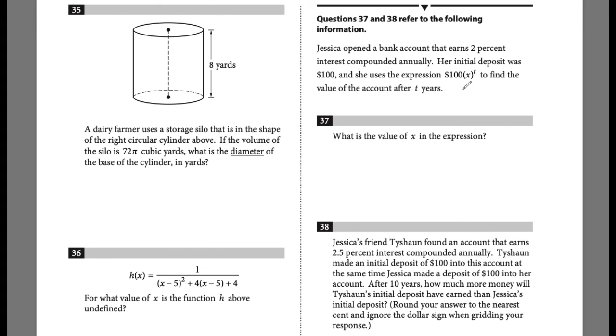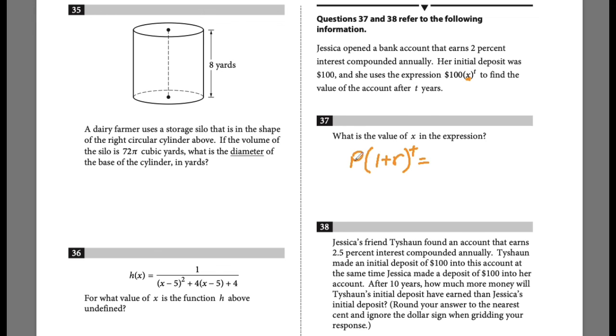So what usually goes inside of an equation like this is the rate of increase. Since her account is growing 2%, we're going to set up the equation as her principal times 1 plus the rate at which her investment or account is increasing, raised to the power of t.